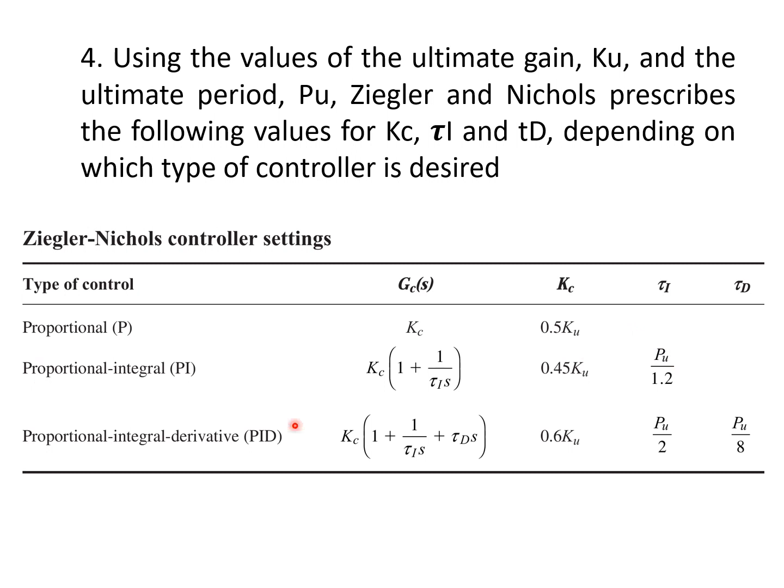If you want to design the PI controller, then you can use 0.45 KU and PU over 1.2. If you are going to use the PID controller, then you can use 0.6 KU, PU over 2, and PU over 8. So it depends on which controller you want. These are the formulas that you need to use.